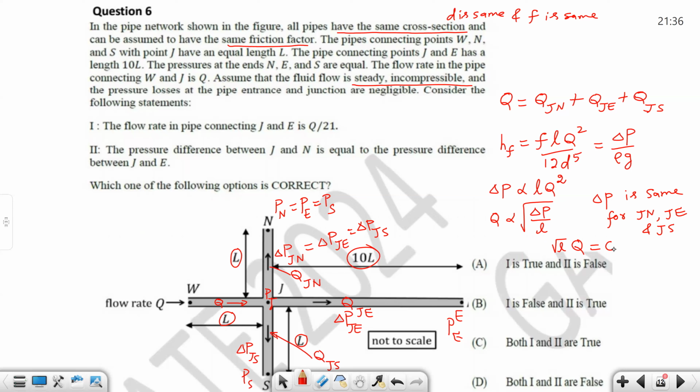So what we want is the flow rate in the pipe connecting JE. The given statement says the flow rate QJE is equal to Q by 21. Whether it is true or not, that we wanted to find out.